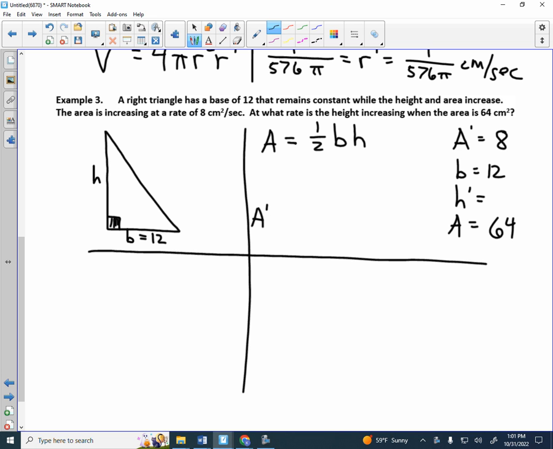You would get A prime is equal to, what would be the derivative of 1/2 B? 1/2 B prime, good. Times H plus 1/2 B times, what's the derivative of H? H prime. So notice if we did the product rule, you have a B prime that pops up, but yet we don't know what B prime is.